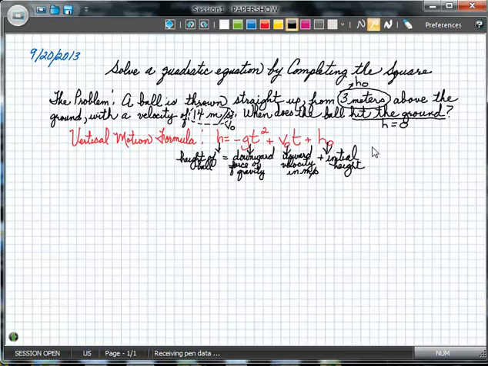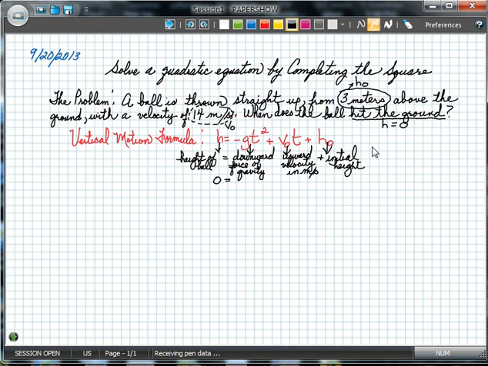H equals a negative gt squared plus v sub 0 times t plus h sub 0. The height of the ball is going to be 0 because it's hitting the ground.